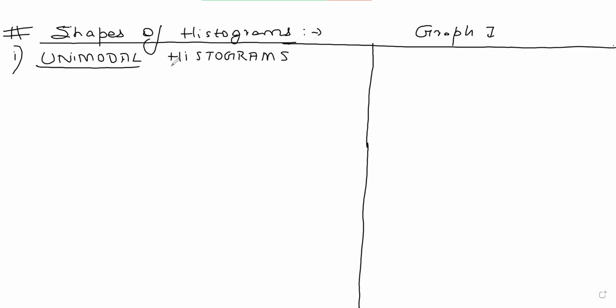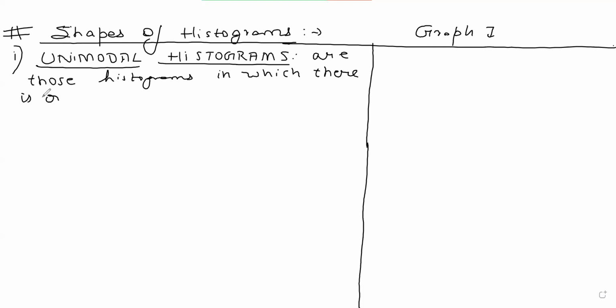Unimodal histograms, students can write, are those histograms in which there is only a single peak.